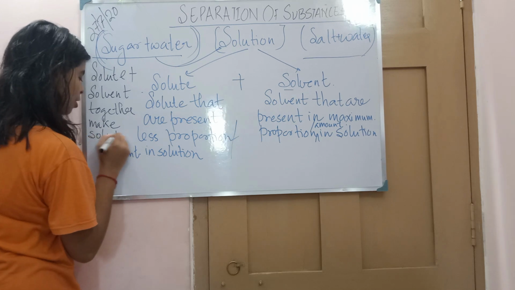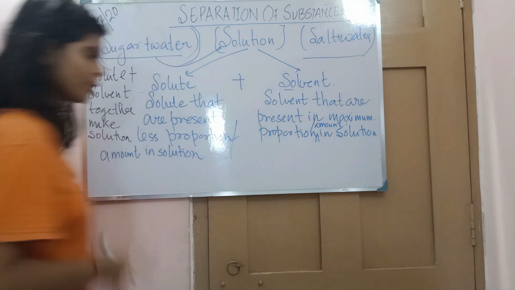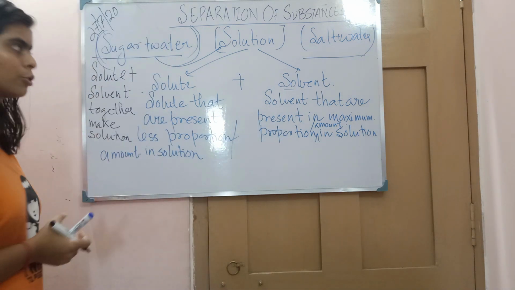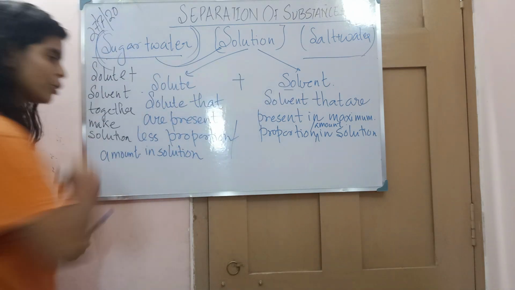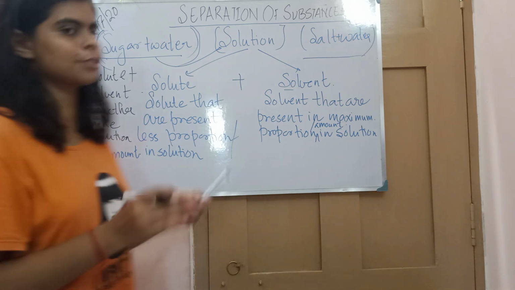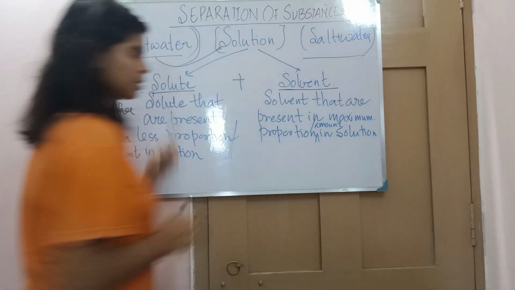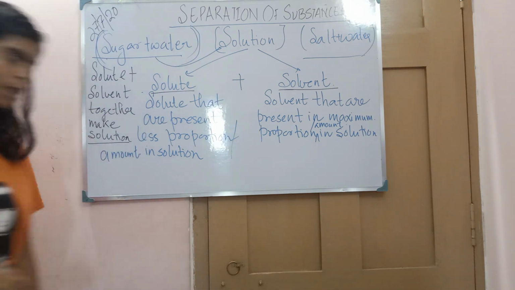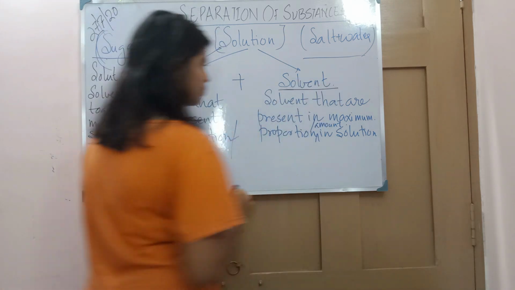It is not that solute is absent and only solvent is present and we call it a solution. No, we can't. Or vice versa, if the solvent is absent and only solute is present, we also can't call it a solution. Both solute and solvent have to be present, and together they make a solution. Now we have to understand whom we should call solute and whom we should call solvent.